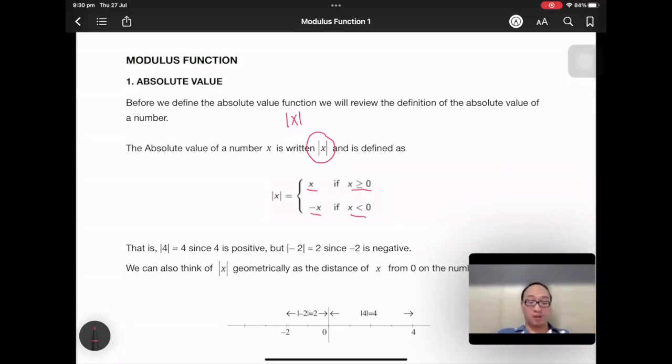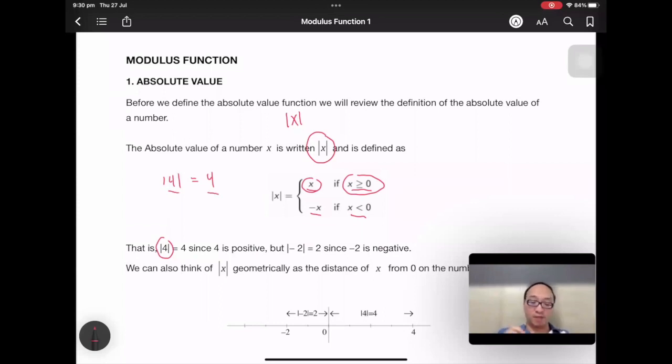For example, if I have the absolute value of 4, since 4 is greater than 0, the absolute value of 4 is equal to 4, because for x greater than 0, the value will be equal to x. So 4 will be equal to 4.